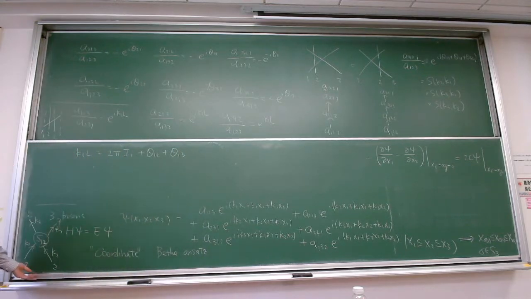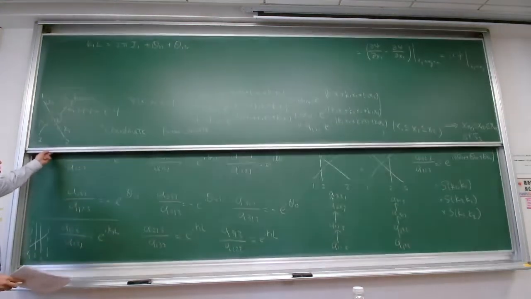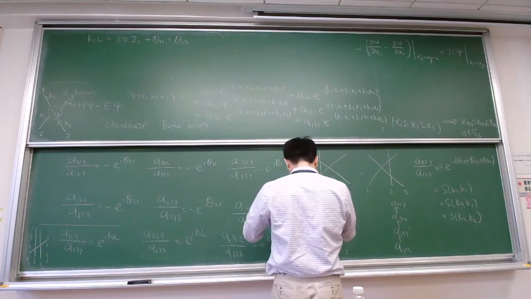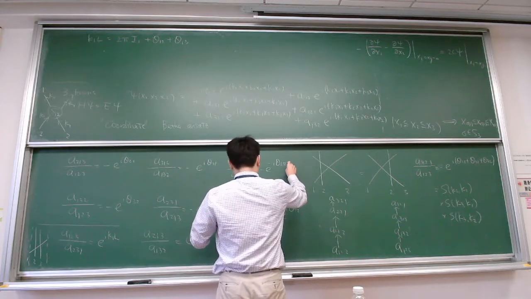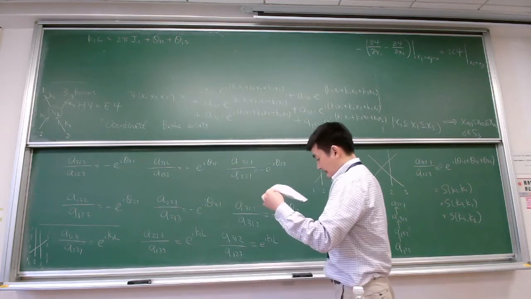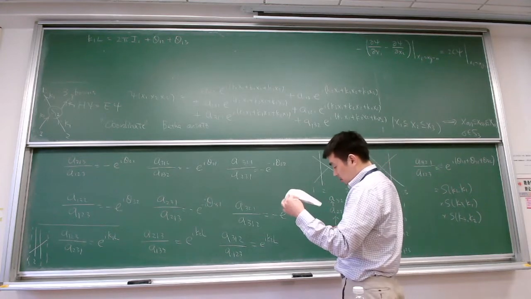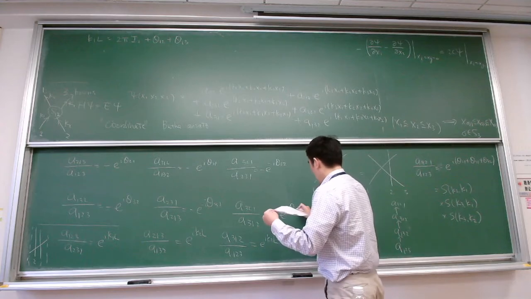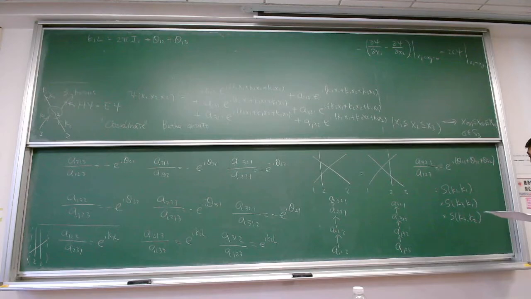So that's, you can see from where? Sorry, I think I really messed up the indices. This should be 2, 1, sorry. This should be 2, 1.